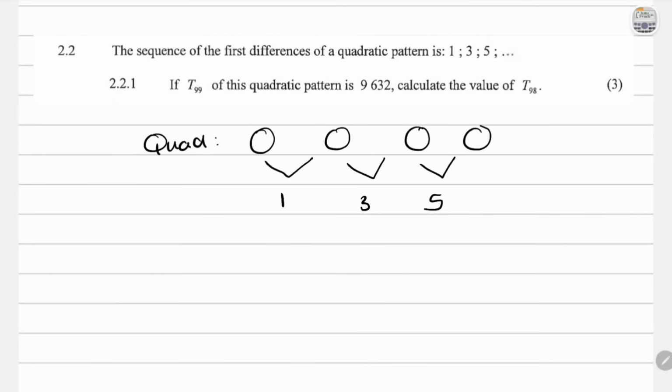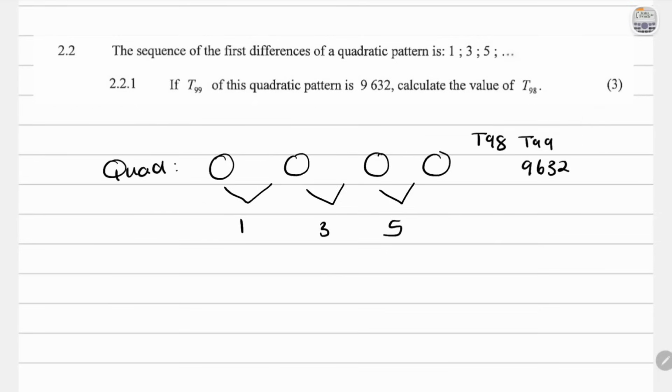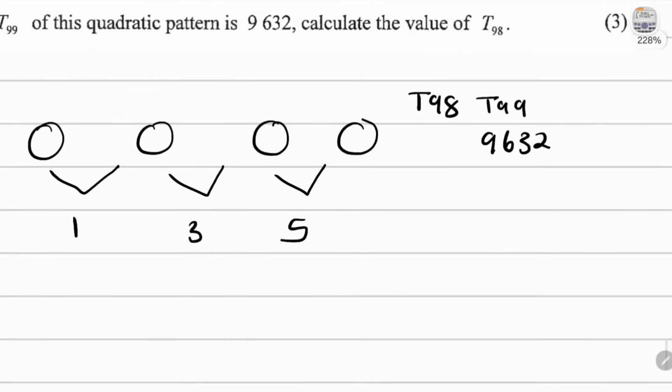Then 2.2.1 says, if term 99 of this quadratic pattern is 9632, calculate the value of term 98. So this one is 9632. We need to find term 98.